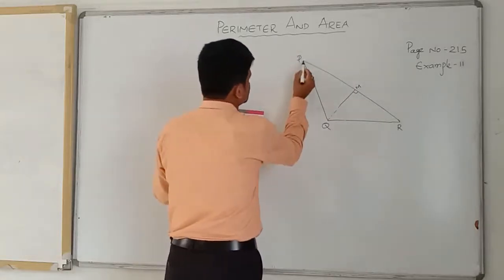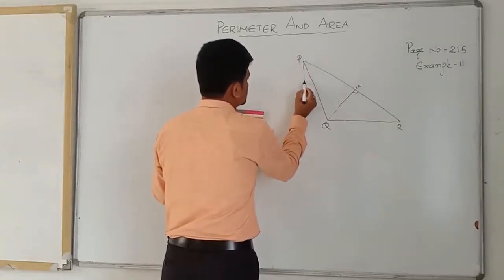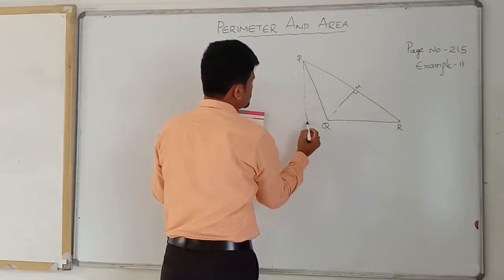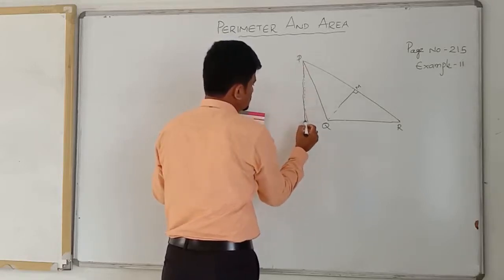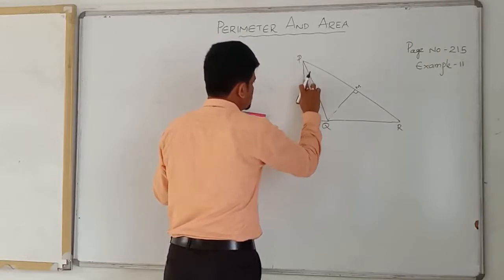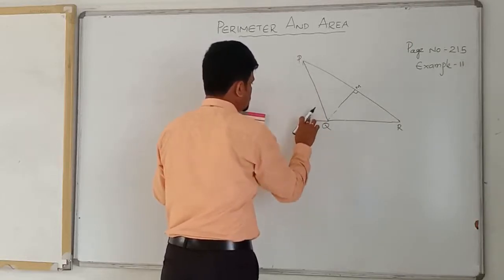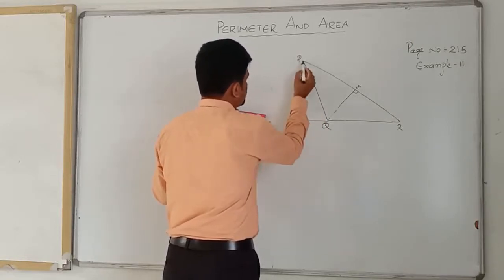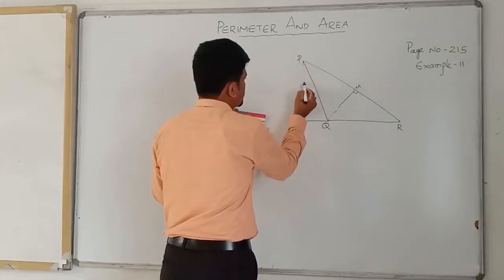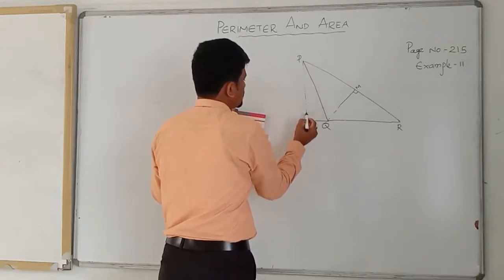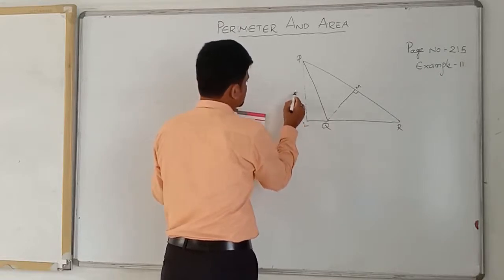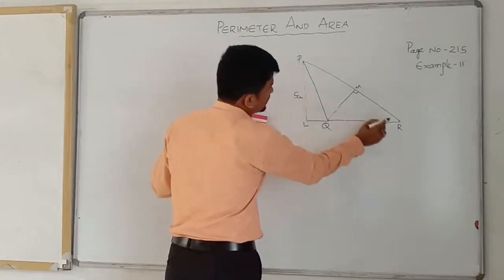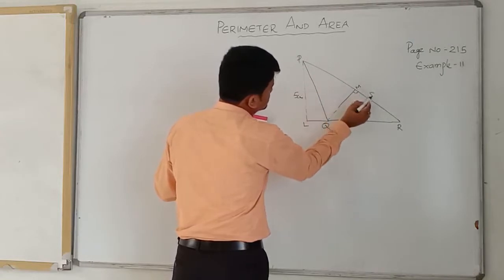And this is L, given as 5 centimeters, and PR length is 8 centimeters.